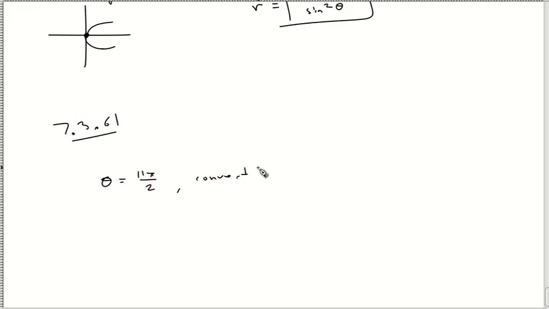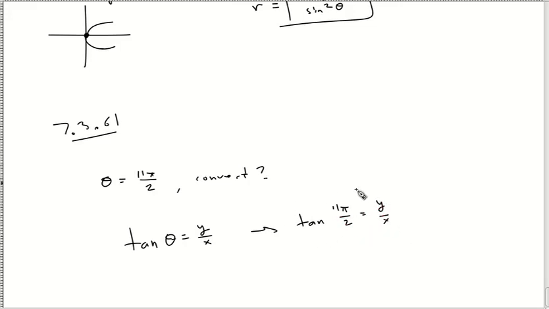Well, huh? What do we do there? I was looking through how to make this work, and I have an answer eventually, but let's just see this. What if I did tangent of theta is equal to y over x? And so then I have tangent of 11 pi over 2 is equal to y over x.